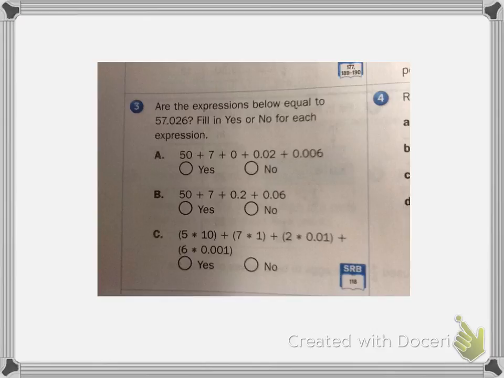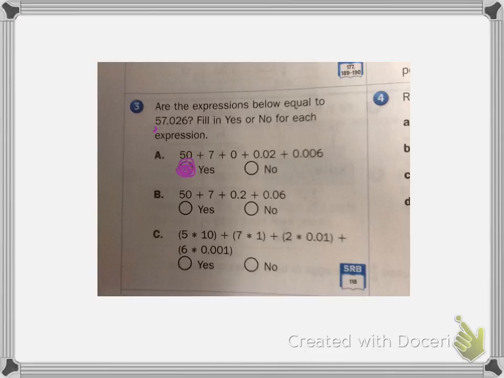Number 3 says, are the expressions below equal to 57 and 26 thousandths? Fill in the answers yes or no for each expression. If we look here, we have 5 tens, which is equal to 50, so that's right. 7 ones, 0 tenths, 2 hundredths, and 6 thousandths. So A is correct.